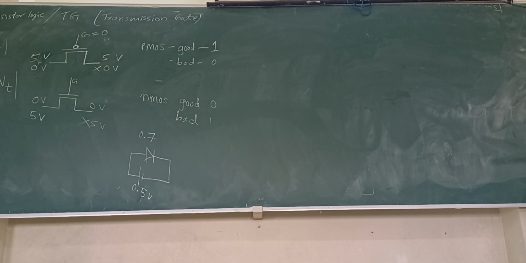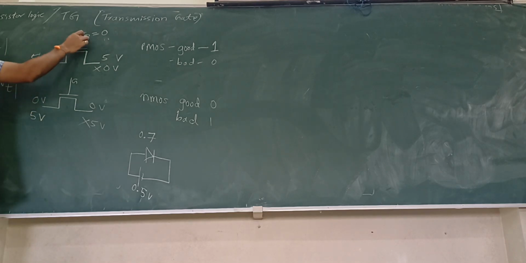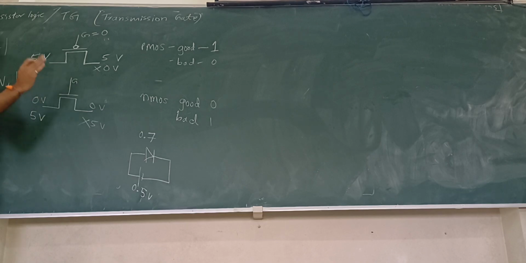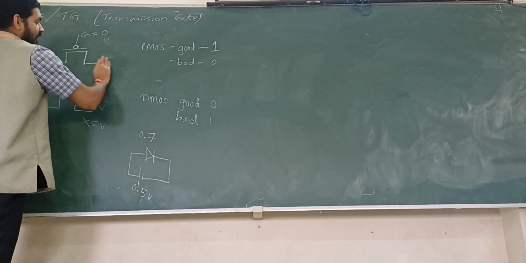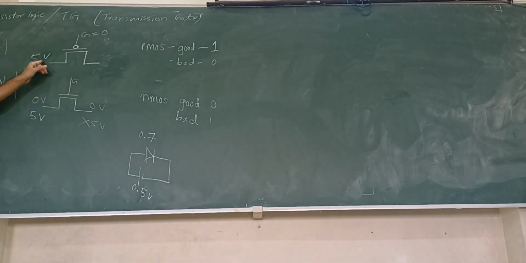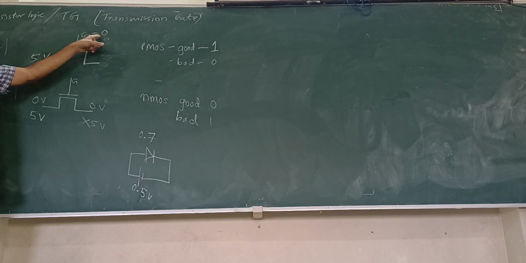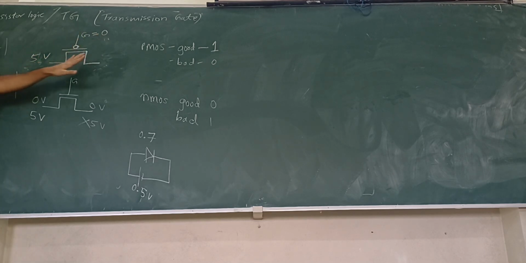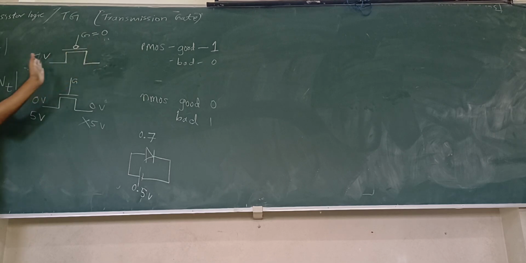VGS is VG minus VS. Here I am giving 5 volts, and here it is 0. I want to transfer this. Our logic says that the source of PMOS should be connected to the highest potential.